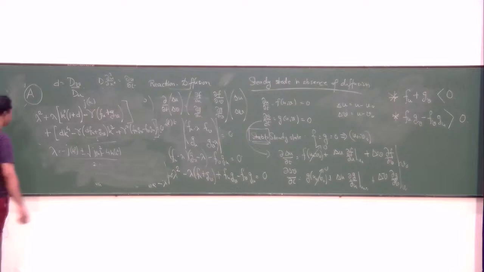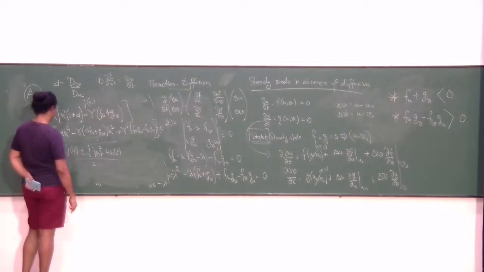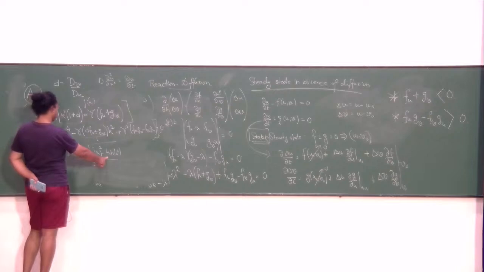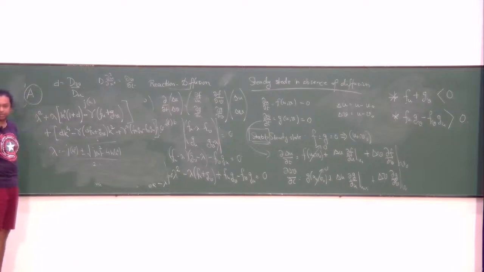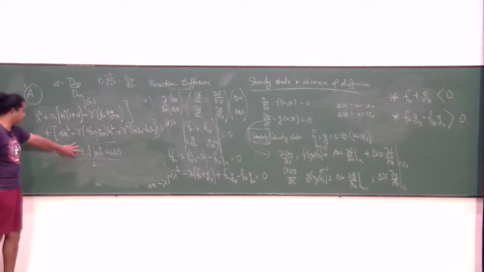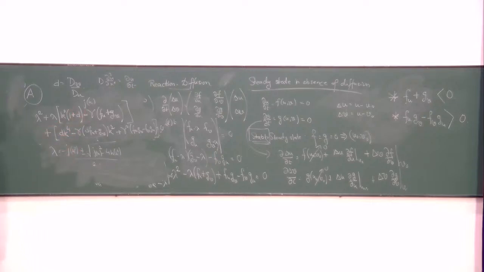If I wanted a positive root, h of k square should be negative, right? Because then I will have at least one root which will be greater than this minus sign over here, and therefore I will get a positive root. Is that fine? You can think this through also.